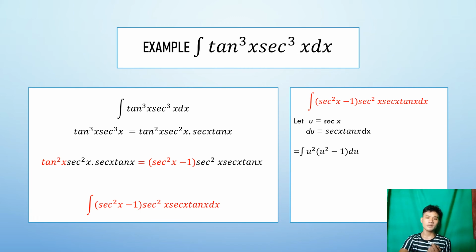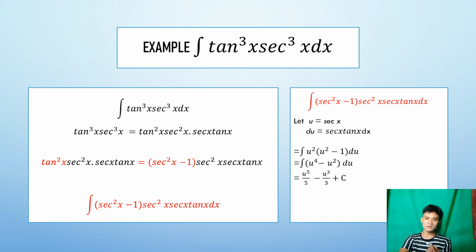So we now have the integration of u squared times the quantity u squared minus 1 du, and then distribute u squared into u squared minus 1. So we came up with the integration of the quantity u to the power of 4 minus u squared du. And as we integrate that, we came up with u to the power of 5 all over 5 minus u to the power of 3 all over 3 plus c.